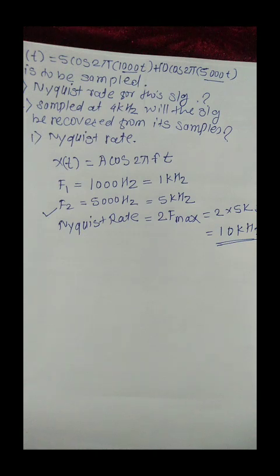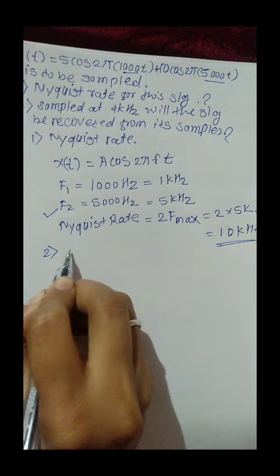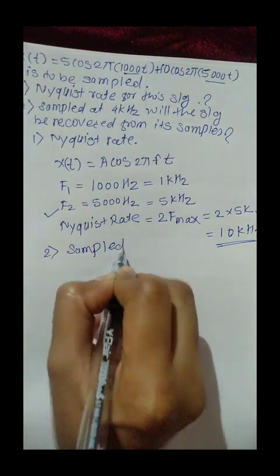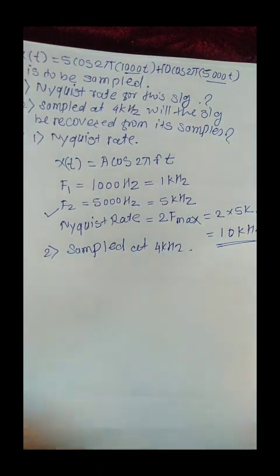The sampling rate is 4 kilohertz. The analog signal is sampled at 4 kilohertz.